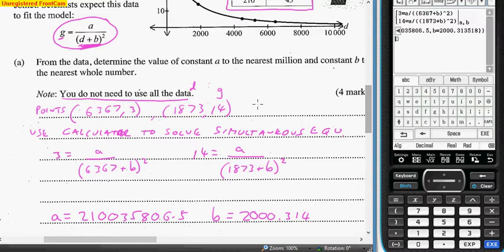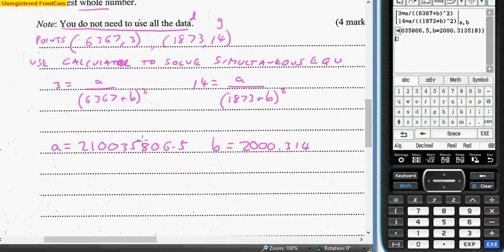Just remembering, again, you have to read the words carefully. Define the value to the nearest million for A, and B to the nearest whole number. So, to the nearest million, right, millions go 1, 2, 3, 4, 5, 6. That's millions, so A equals 210 to the nearest million will be just 210 million, that's rounding off, and B to the nearest whole number is 2000.